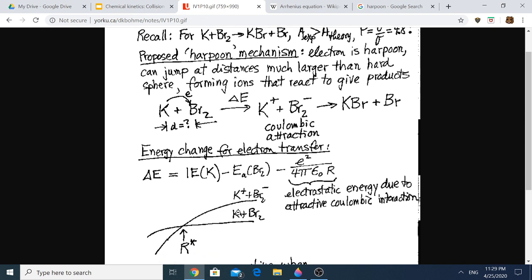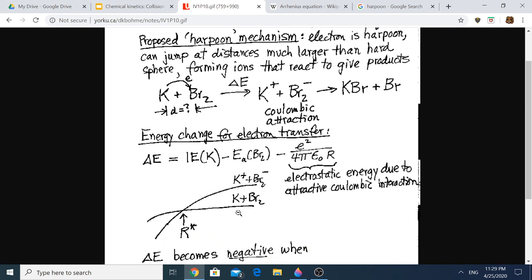Some of you must be wondering, what is the maximum distance between potassium and bromine such that the electron transfer can still occur? In other words, how far can the potassium atom throw its harpoon? It turns out we can approximately calculate this given data on the ionization energy of potassium and the electron affinity of bromine. What we're doing here is considering the energy change for the electron transfer. What are the small energy changes going on, not the overall change?